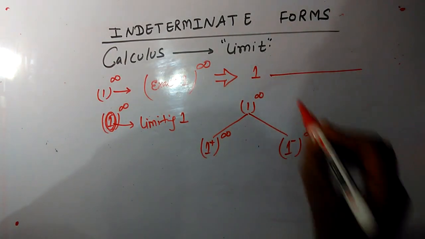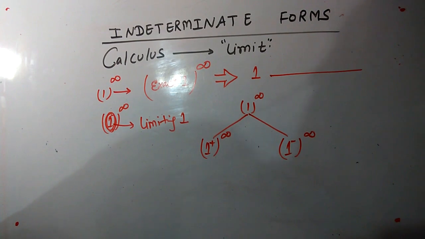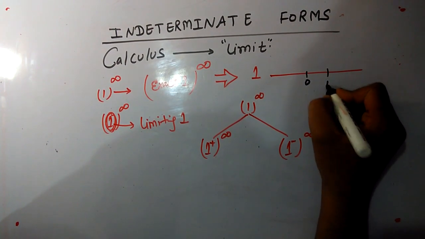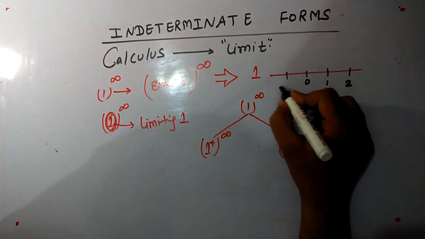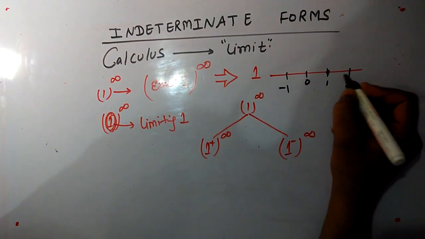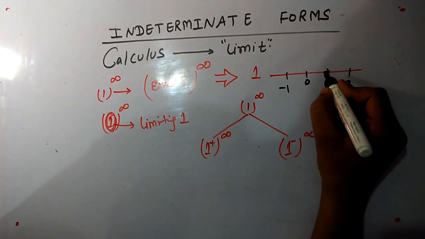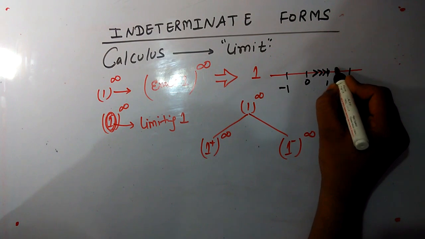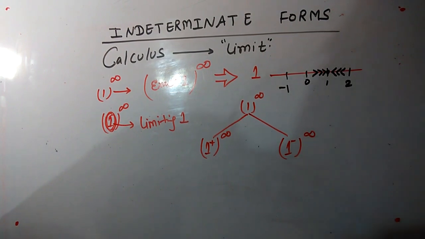If we see on the number line, let us suppose this is 0, this is 1, this is 2, this is minus 1, this is my 1, but approaching 1. How can I approach? I can approach in two ways, either from the left side or from the right side.